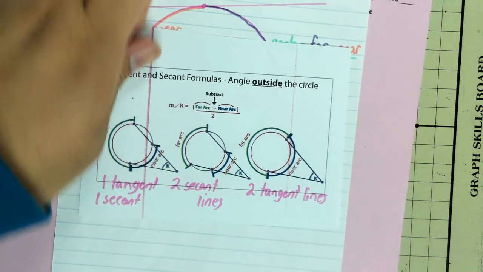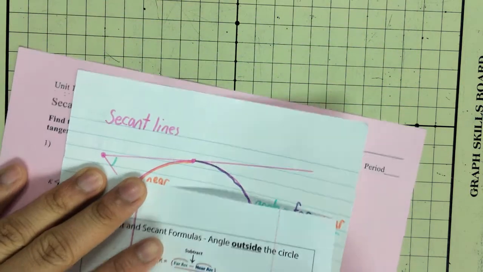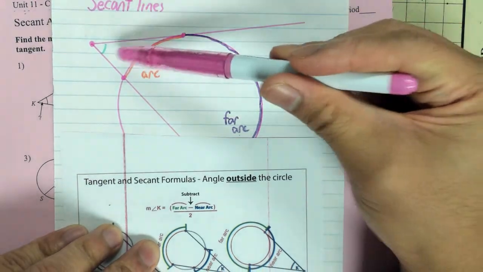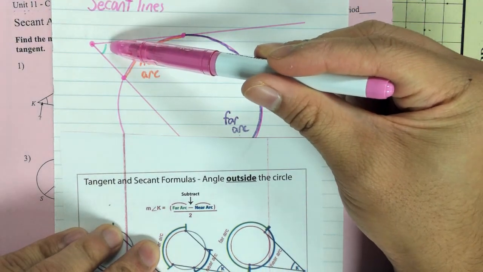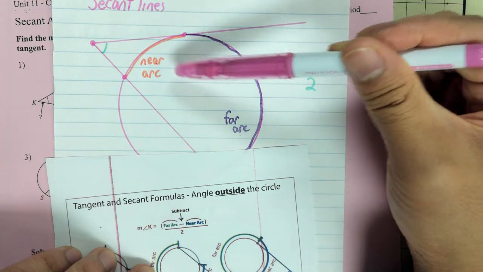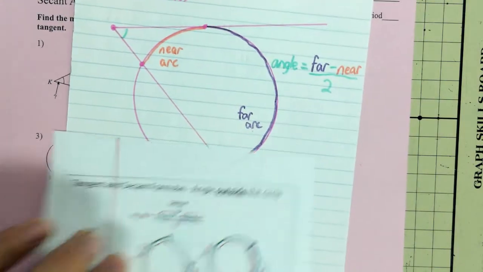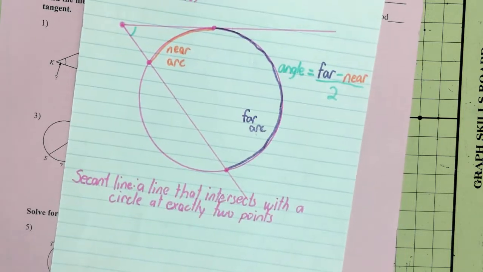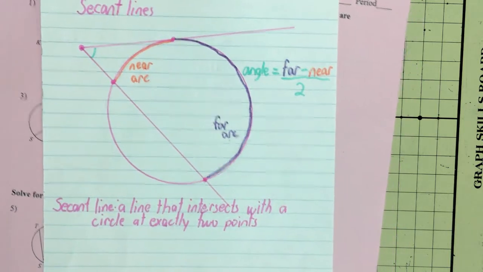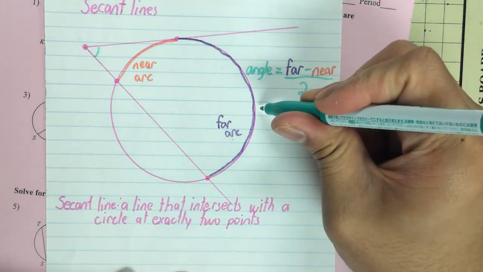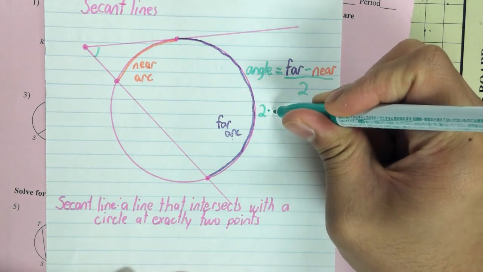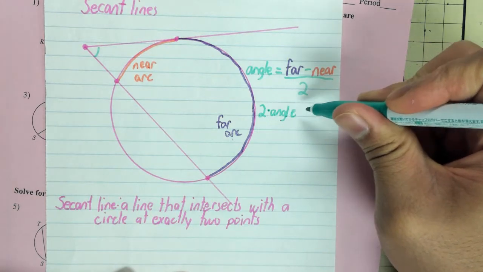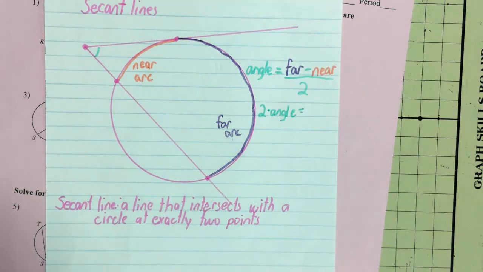This formula will always hold true, that your angle where those two lines intersect equals far arc minus near arc divided by 2. And there's a way to rewrite this formula, that way we don't need to worry about fractions. So a second version of this formula is 2 times the angle equals far arc minus near arc.